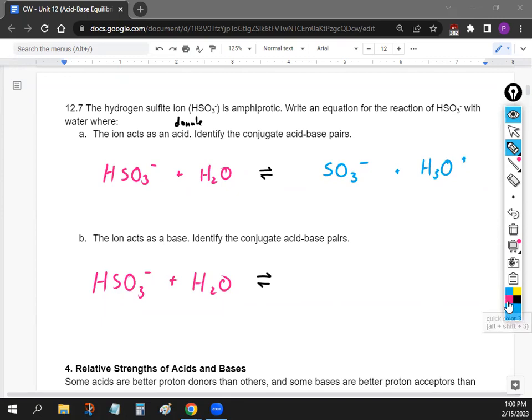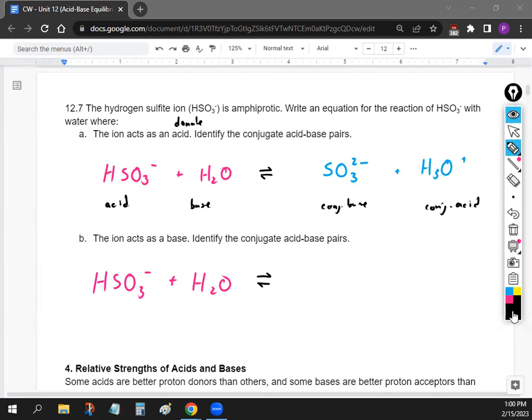Thank you, 2 minus, appreciate that. I'm losing my touch already. All right, so if we want to label it, this is the acid, this is the base, this is the conjugate base, and this is the conjugate acid.